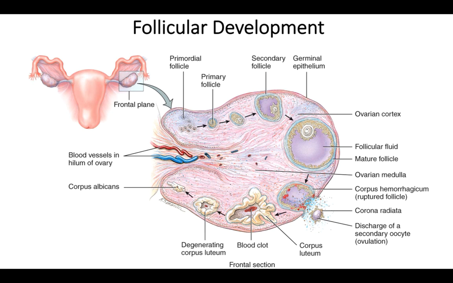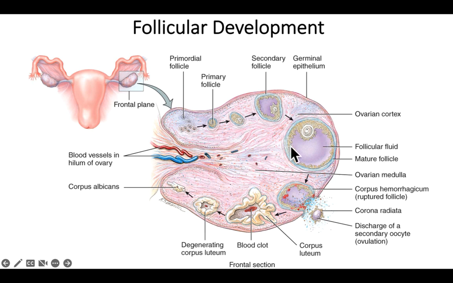So during that first female cycle, you might get one or two progress to a primary, and then eventually each cycle you want to get to a mature follicle. So they have to mature from a primary to a secondary, and then one mature follicle a cycle gets produced. So this is called the mature or Graafian follicle.